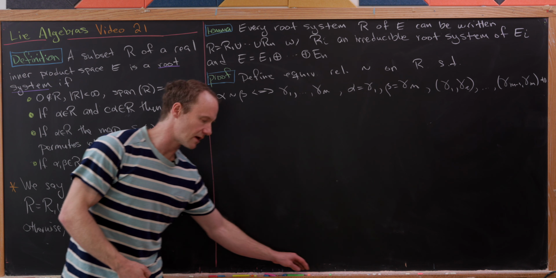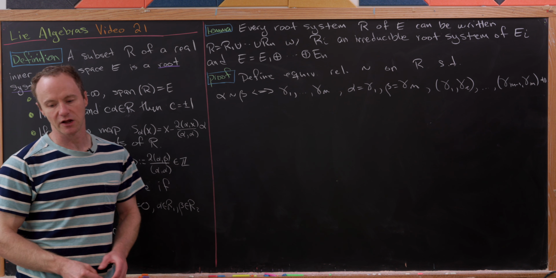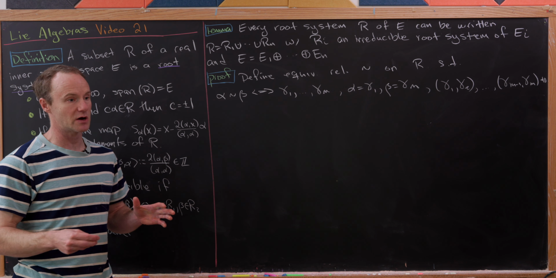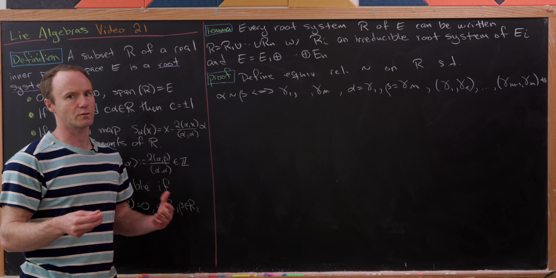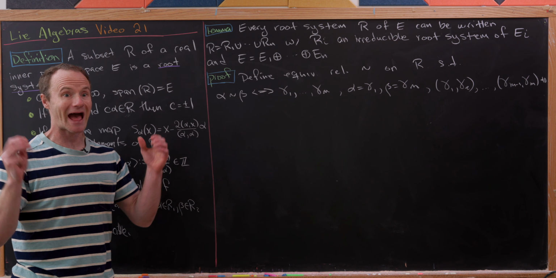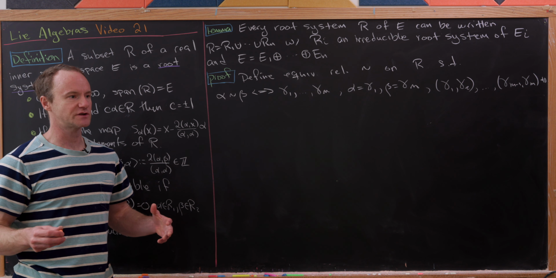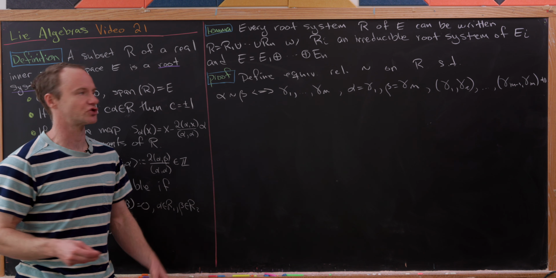And then, well, let's see. If we've got an equivalence relation, we know that we can decompose the set on which that equivalence relation acts into equivalence classes, and those equivalence classes are disjoint.